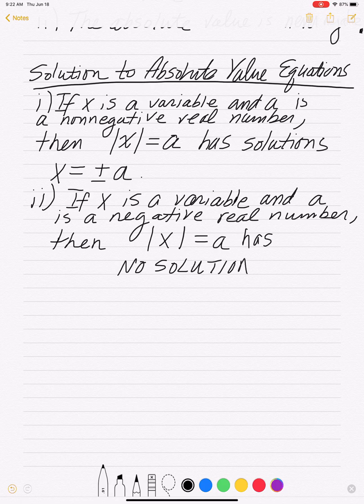So why would that have no solution if a were negative? If a were negative. So here we're talking about a is a negative real number.